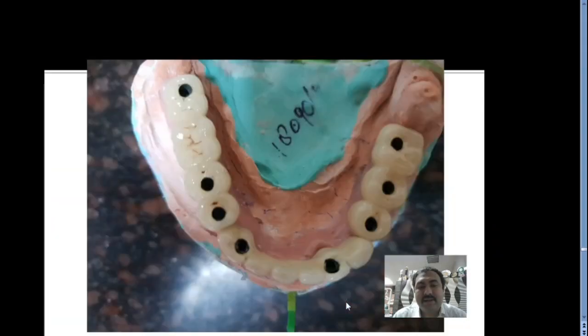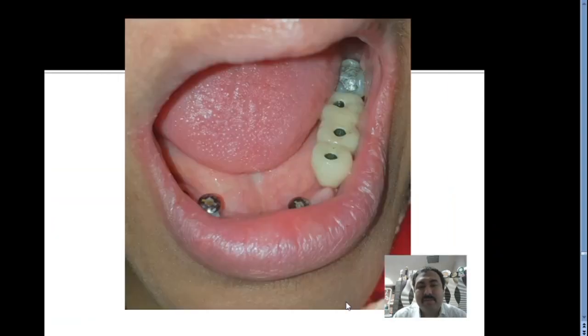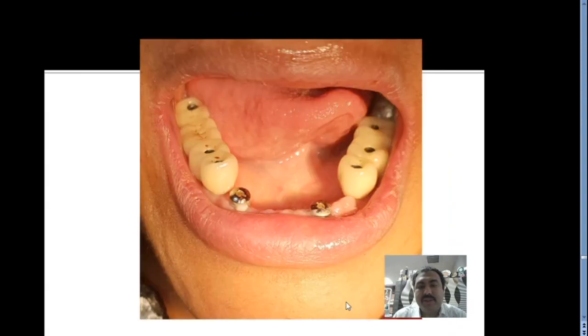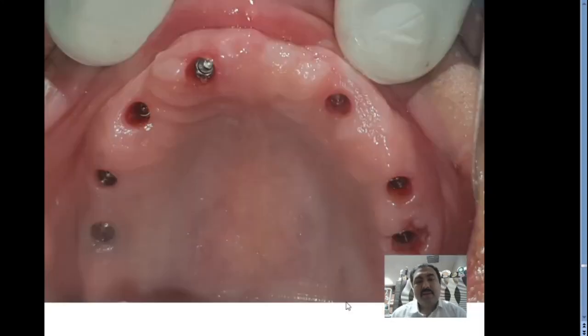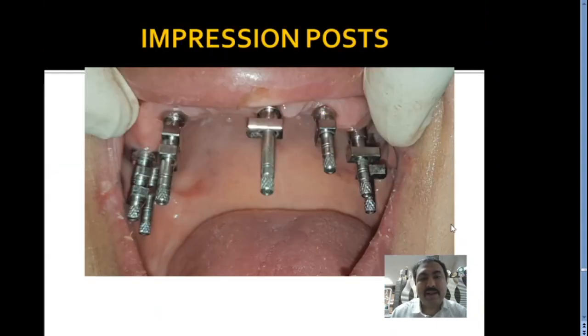These are the final screw positions in the mouth. Meanwhile, in the maxilla, our 7 implants had healed, and we were happy with the soft tissue profile and the emergence profile that we were getting.